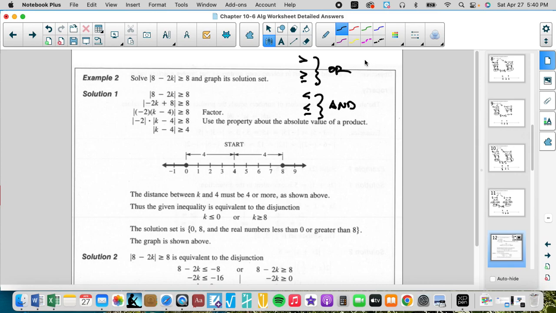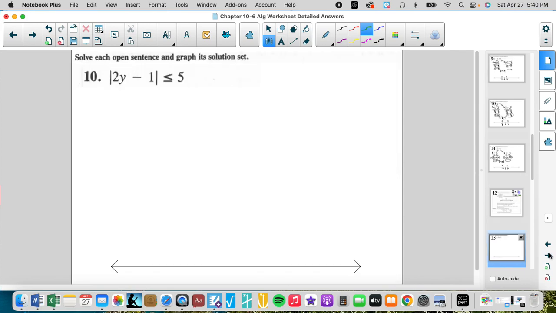Or is at least one true, and and must be two trues. True, true. Okay, so if you want to see a little bit more of an explanation, you can go back to video chapter 10.5.